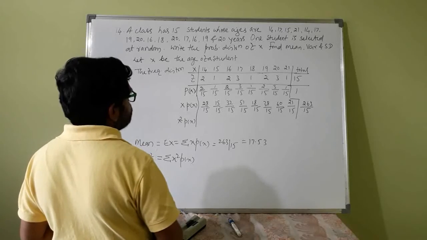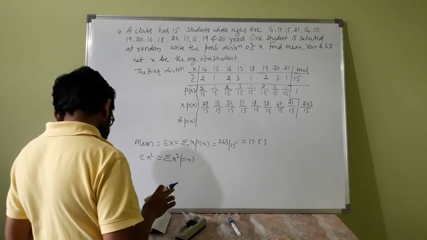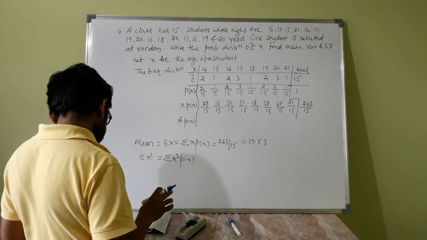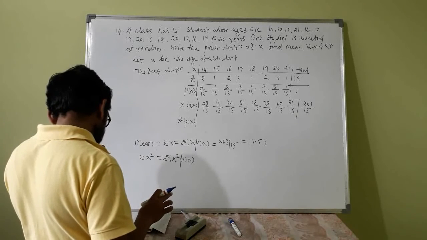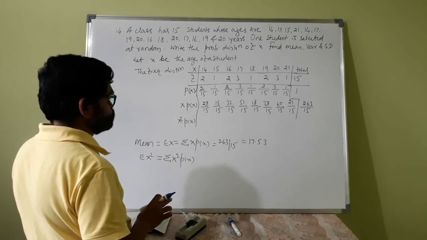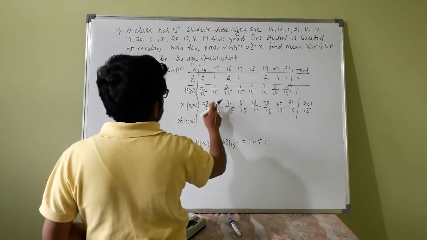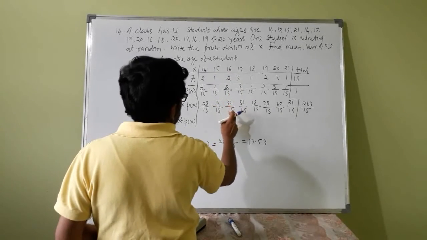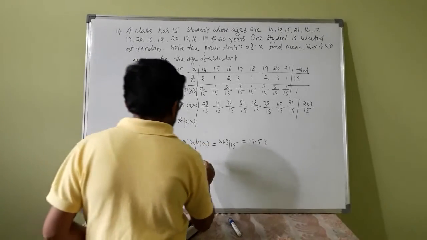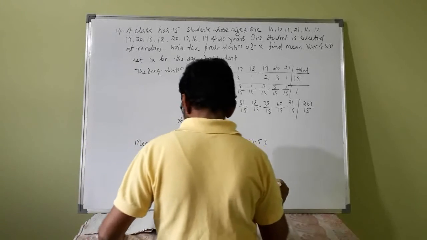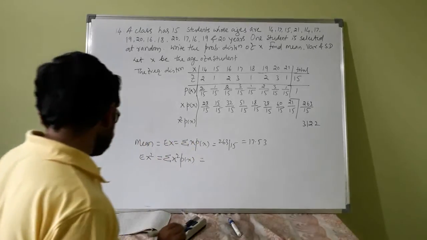Okay, 14 into 28 divided by 15, 15 into 15 divided by 15, 16 into 2 divided by 15, and then if you sum, you will get 312.2 after dividing by 15.